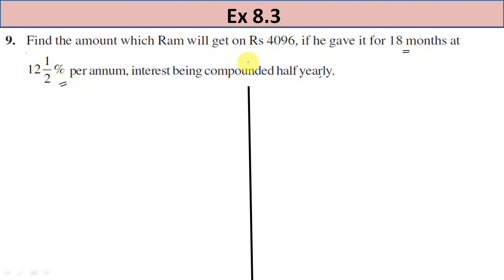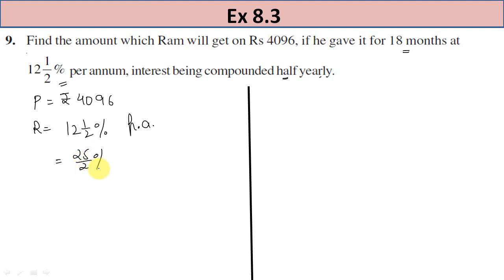So the half yearly case is very easy. What happens to the rate? Half. So let's write down the principal first, which is rupees 4,096. And the rate given to us is 12 1/2% per annum. First let's convert this from mixed to improper. So 12 into 2 is 24, 24 plus 1 is 25/2% per annum.